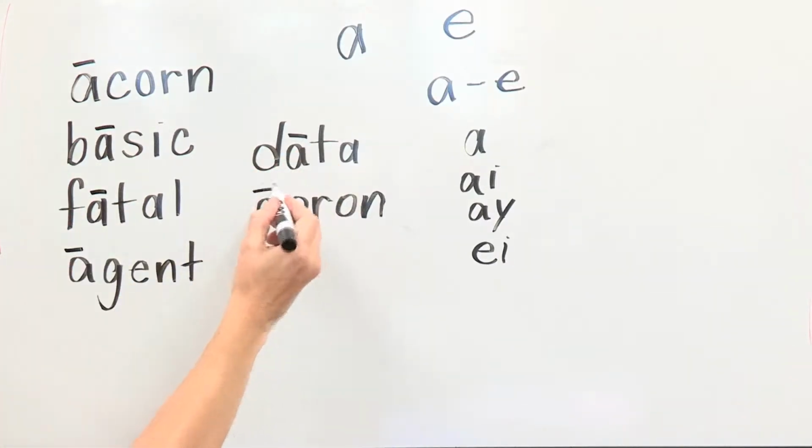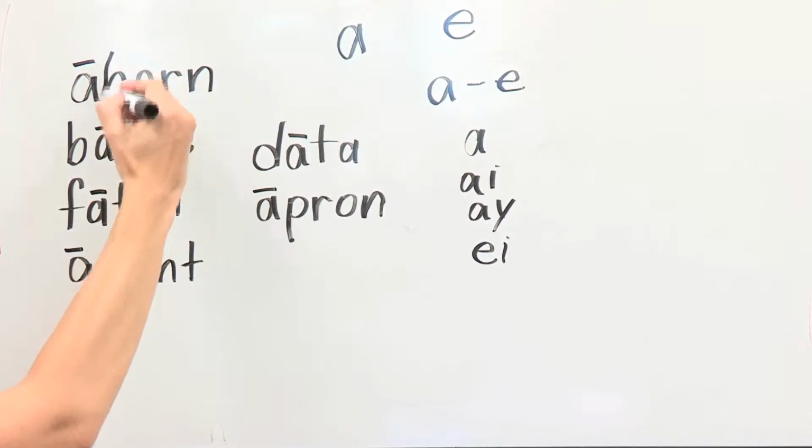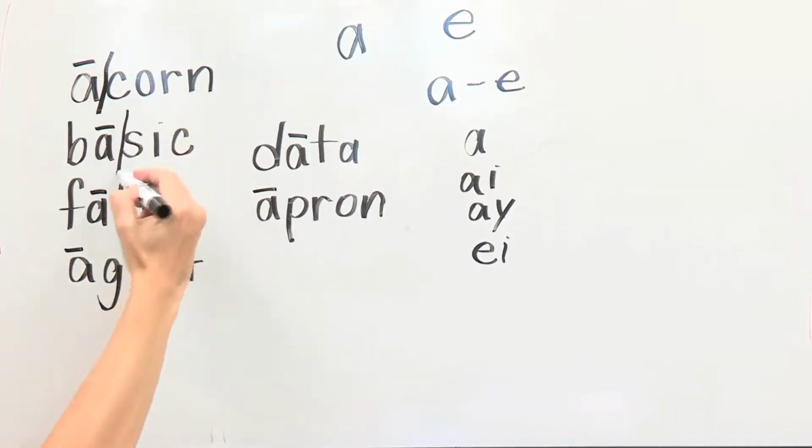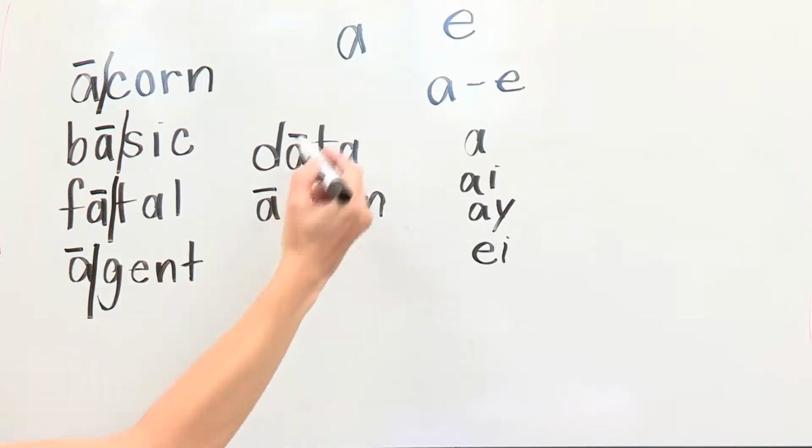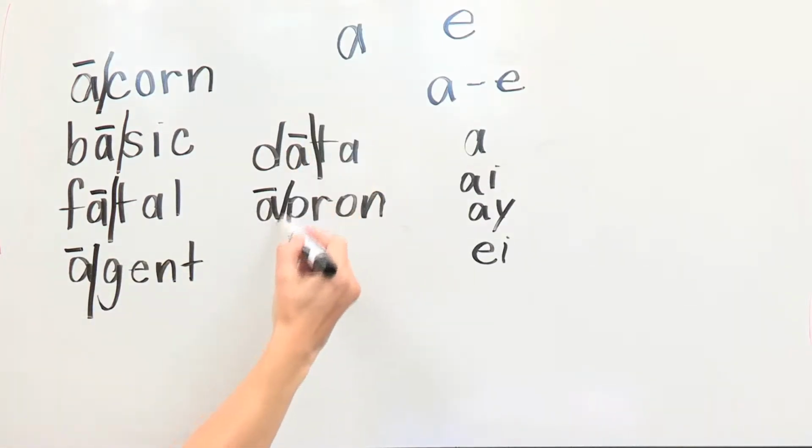Right? Okay. So if we break these into syllables, we're actually going to notice something. So we have acorn, basic, fatal, agent, data, and apron.